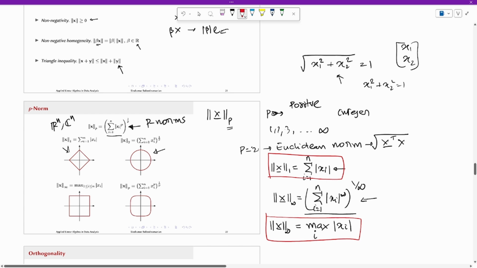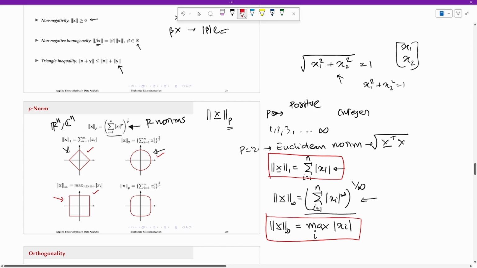It turns out that it will essentially look like a square. These are all points with the same infinity norm. So, the 1 norm was like this, the 2 norm was like this, and the infinity norm is like this.